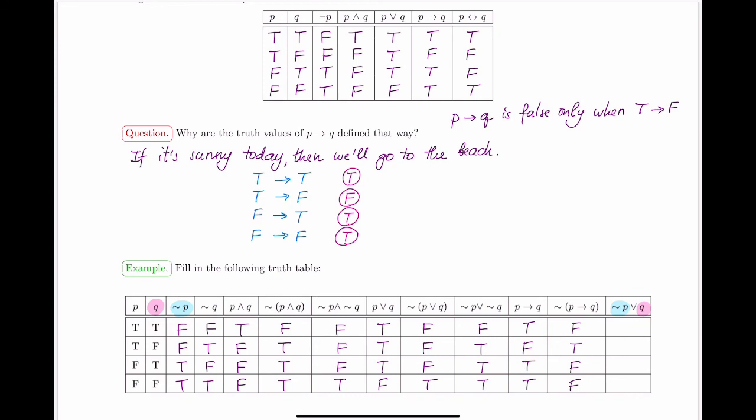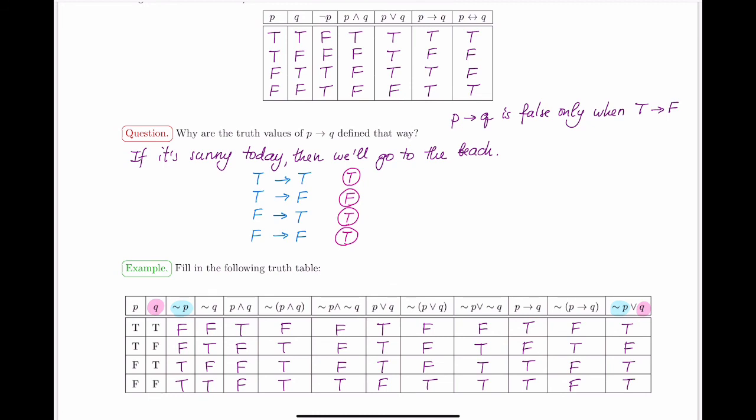False or true is still true, because remember, or is only false when both of them are false. Next up is false or false, which is false. The next one is true or true, so that's true. And finally, the last one is true or false, which is once again true.